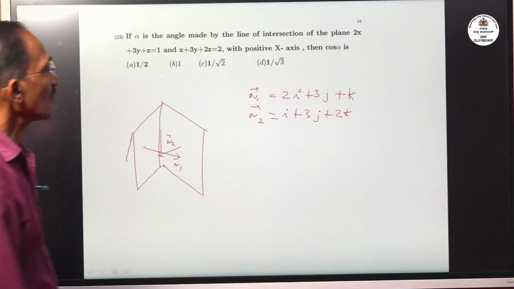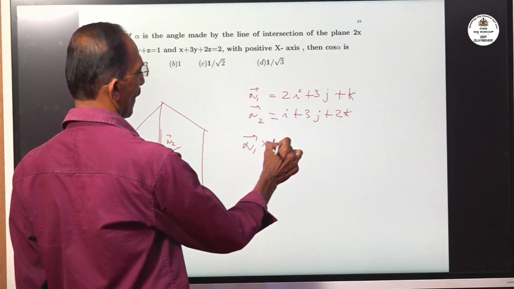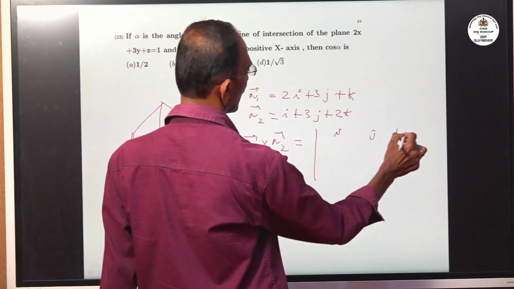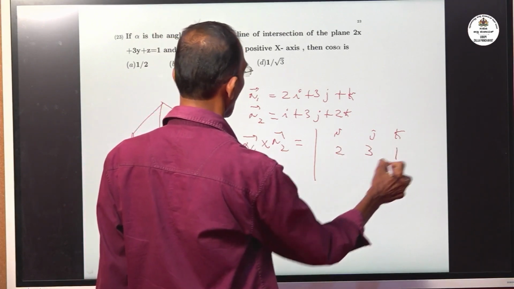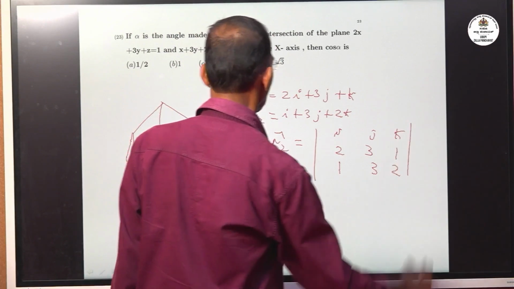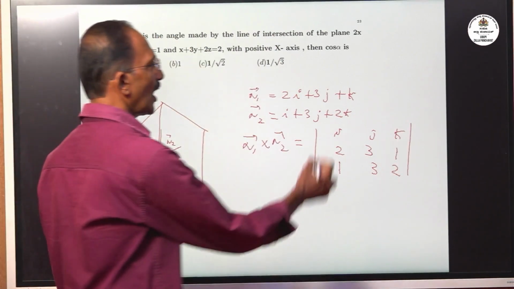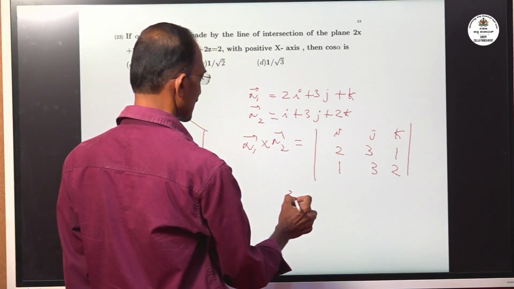So n1 cross n2 is the determinant with i, j, k, and 2, 3, 1 and 1, 3, 2. That is the cross product between n1 and n2. Clearly the i component equals 6 minus 3, that is 3i.